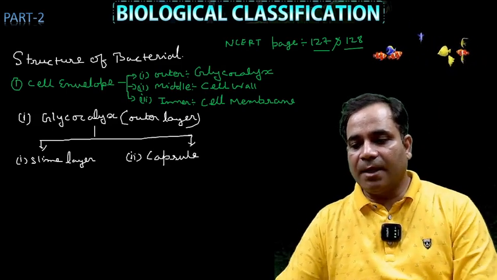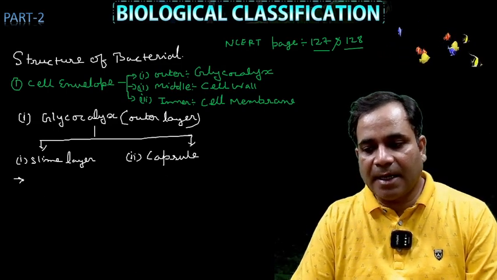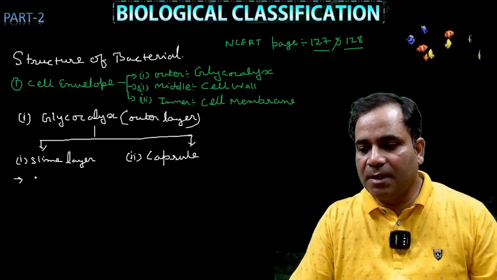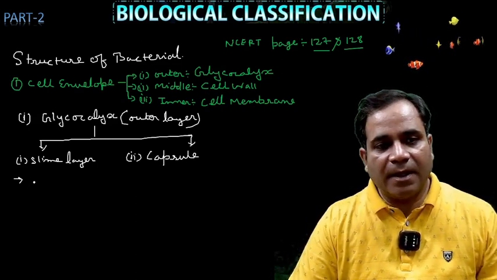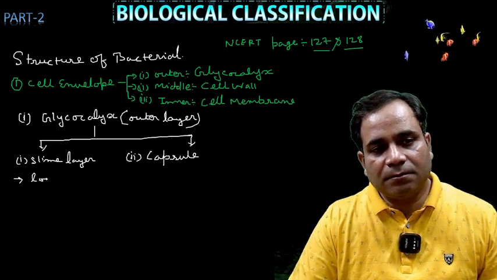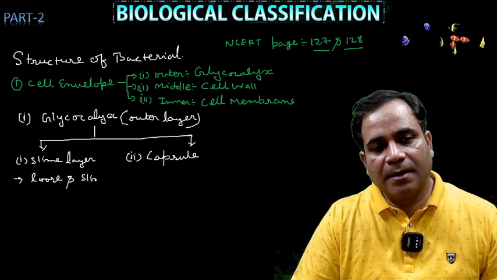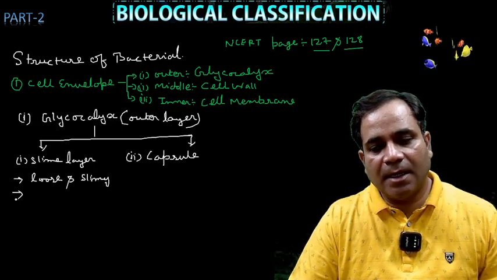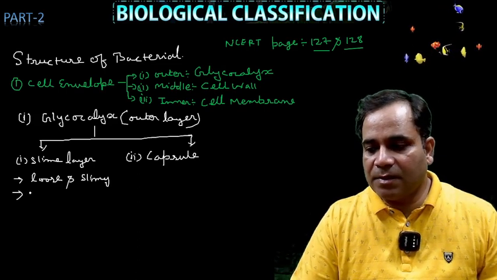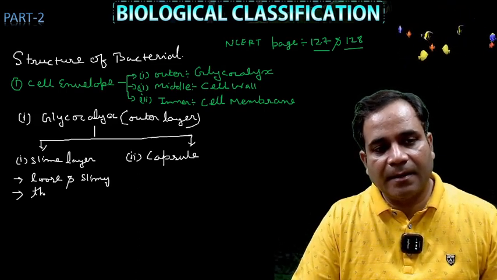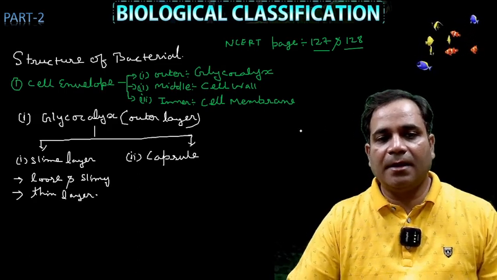Correct? Now see, the slime layer is of two types: either loose and slimy, or a thin layer. Clear? Okay.